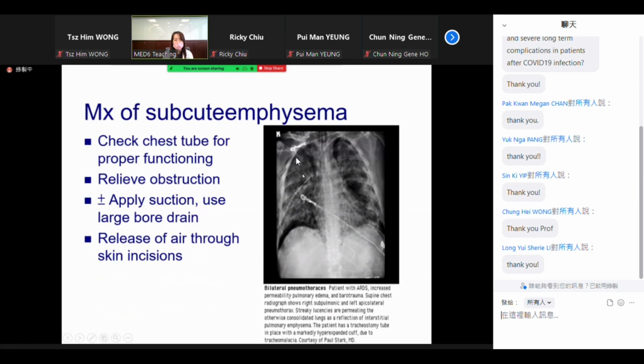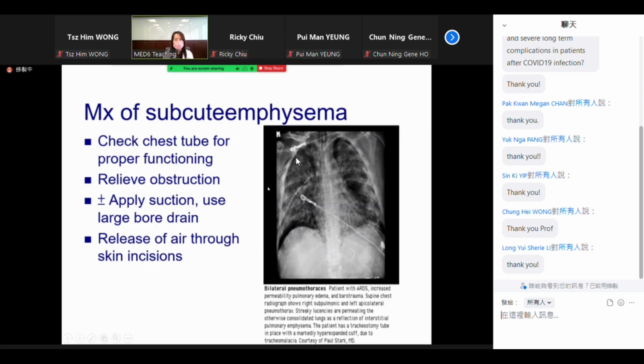So this is the chest X-ray for subcutaneous emphysema. You can see there's air in the subcutaneous tissue, and air over the neck. And clinically, you can see the patient is like blowing up through the face. The face becomes swollen, and when you palpate the skin, there's subcutaneous crepitus.